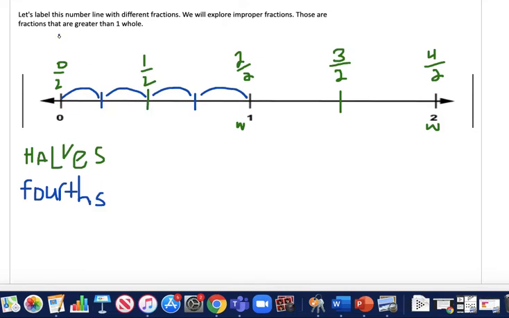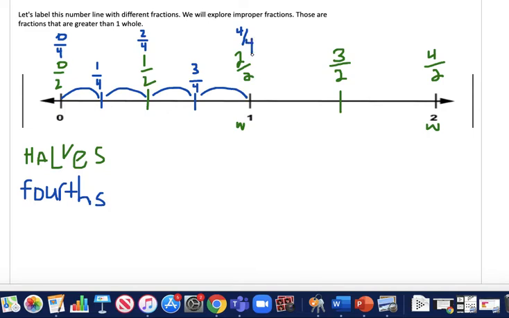So let's label it. This is 0 fourths. This is 1 fourth. This is 2 fourths, which we know is equivalent to 1 half. This is 3 fourths. And this is 4 fourths.